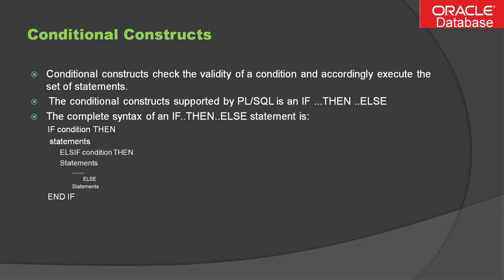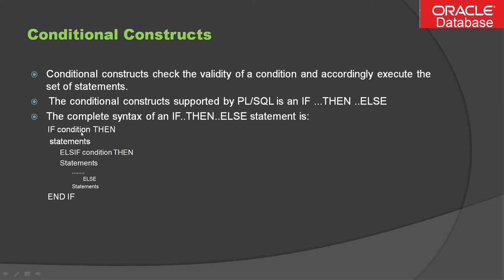Now the complete syntax of the if then else statement is, so here you can see if condition. Condition is nothing but an expression which has to be evaluated as true or false. If the condition is evaluated as null, then that will be considered as false. If this condition gets true, then whatever statement we have in then will be executed, right?